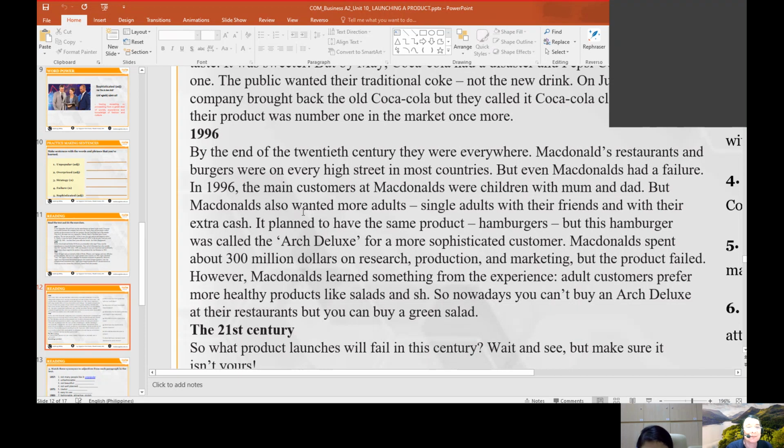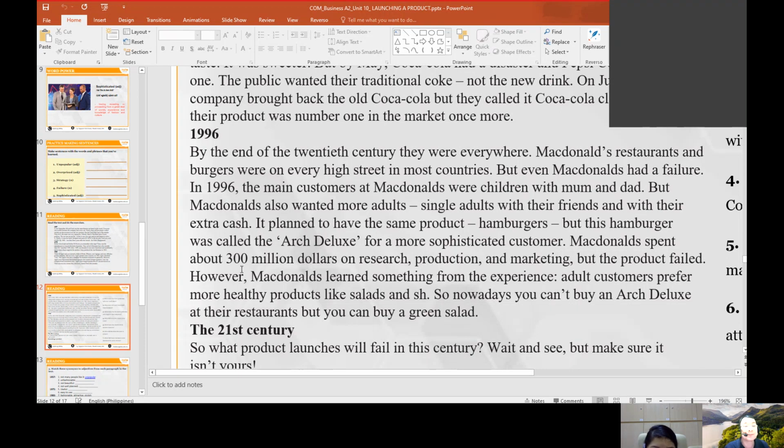But McDonald's also wanted more adults, single adults with their friends and with their extra cash. They planned to have the same hamburger products, but these hamburgers were what you call the Arch Deluxe, for a more sophisticated customer.